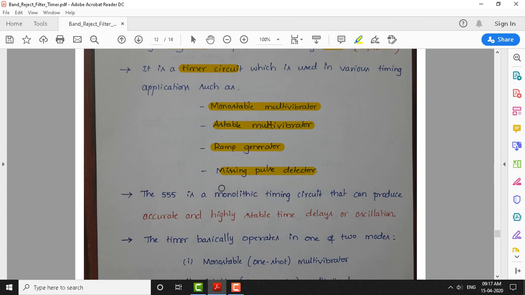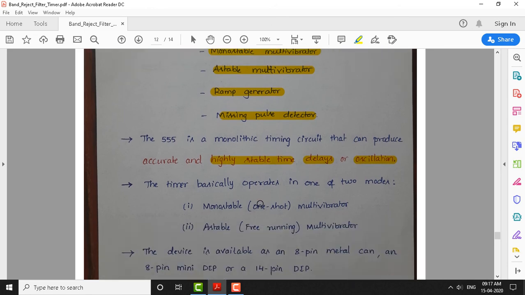So the 555 timer is a monolithic timing circuit that can produce accurate and highly stable time delays. This is one of the best circuits to generate stable time delays, and it can also be used as an oscillator. The timer basically operates in one of two modes. We have seen already monostable, which is also called a one-shot multivibrator.